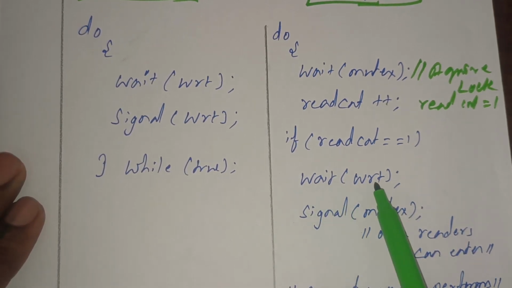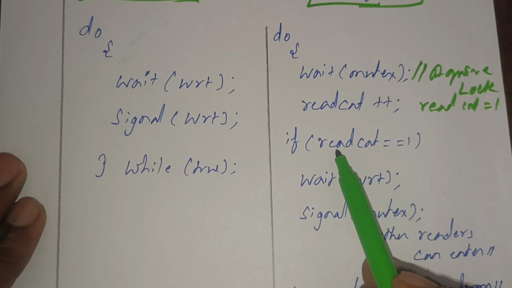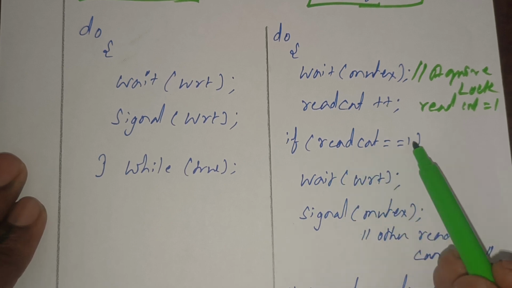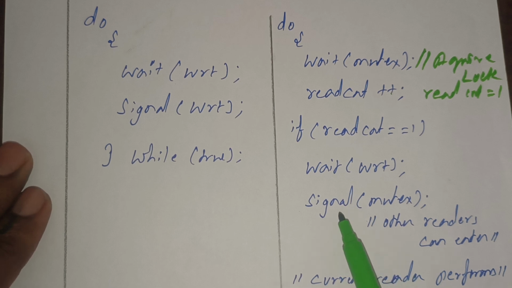So the wait WRT has been set. This is the procedure. It makes the write condition wait, right? It will keep on waiting until this read count is 0. Now the read count is 1, so no write procedure is adopted over here, right? Now the signal mutex. What this will do is, two readers can share the database at a time.